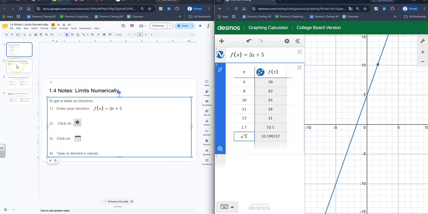So one thing I need to make clear is that tables are not proof. Tables can support an answer. Okay. So this is kind of like whenever you know people that have done things, it may not actually be proof.